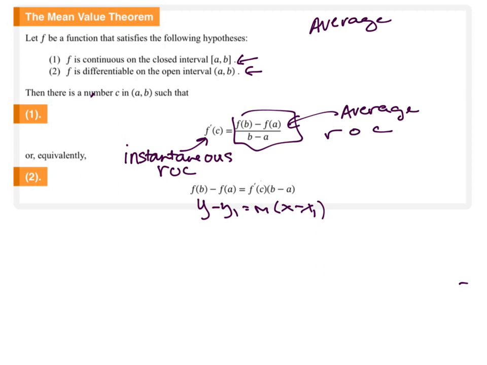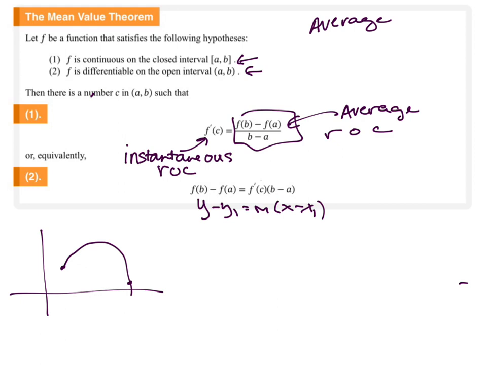Okay. I want to look at the pictures on page 309. Okay, so we've got some function here where we've got a point a comma f of a. And we've got another point b comma f of b. Okay, and this function happens to kind of do a little whoopie-whoo like that.